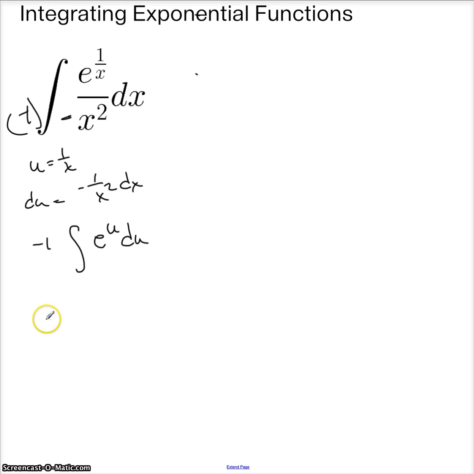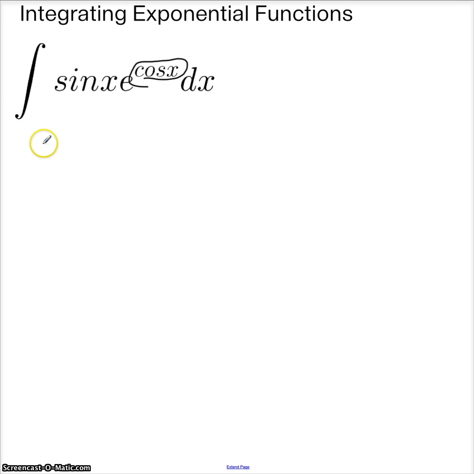So when I do this integration, it's negative 1 e to the u plus c. So it's negative 1 e to the 1 over x plus c. Confusing? I don't think so. I think this is pretty straightforward.